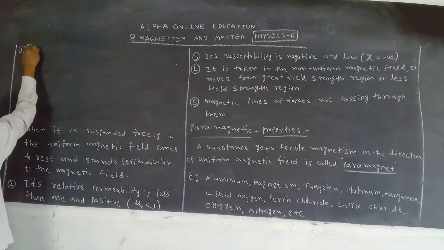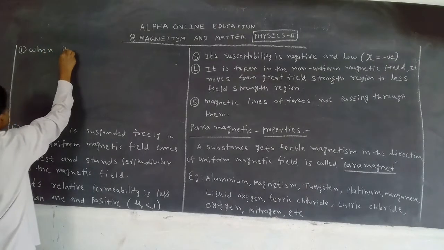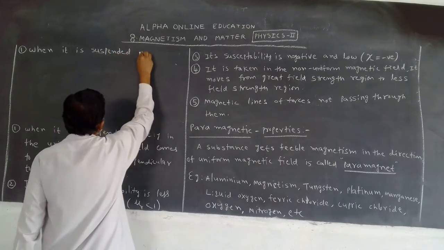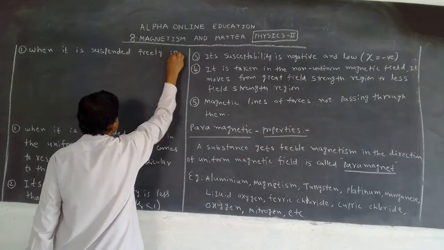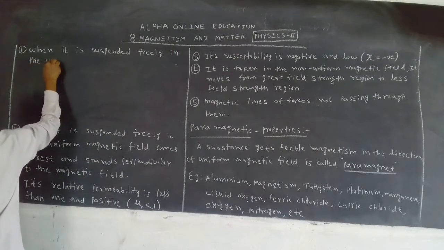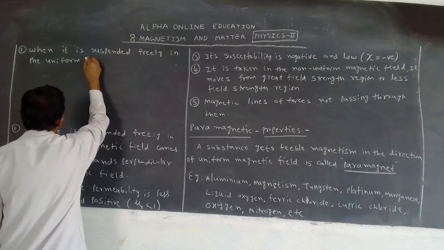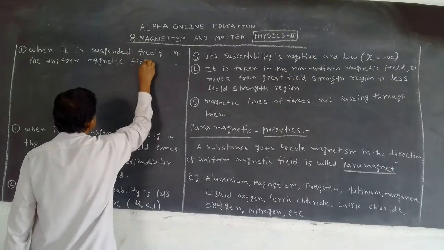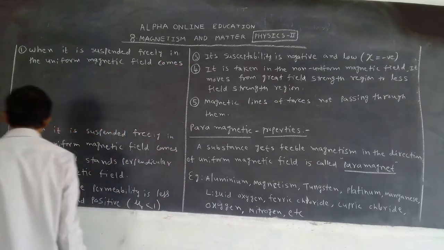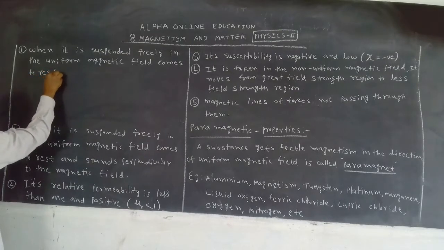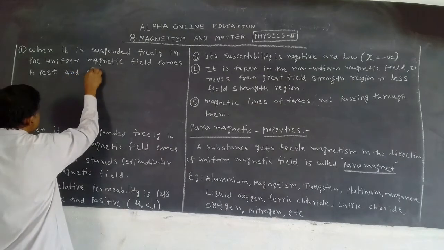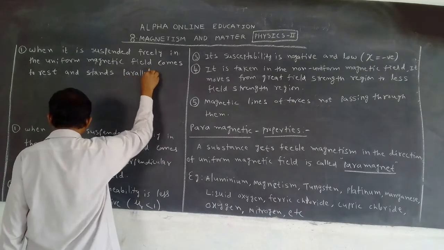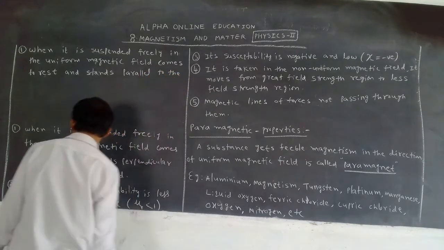Now, first, when it is suspended freely in a uniform magnetic field, it comes to rest and stands parallel to the magnetic field.